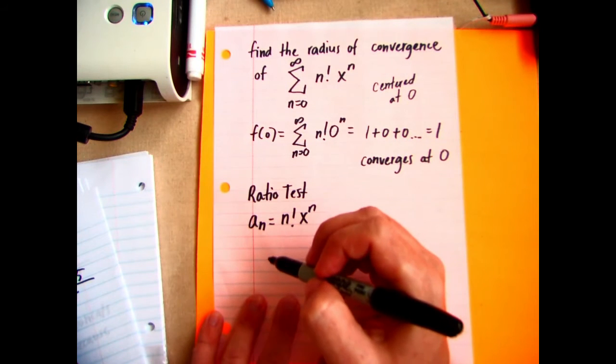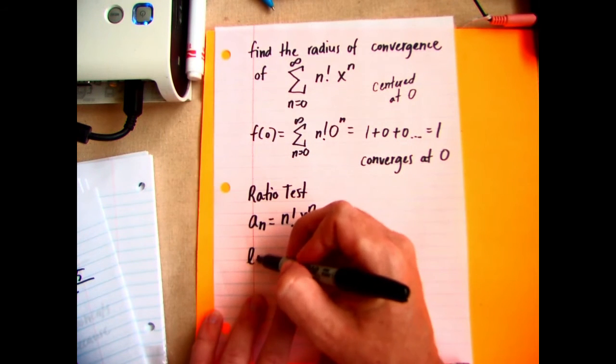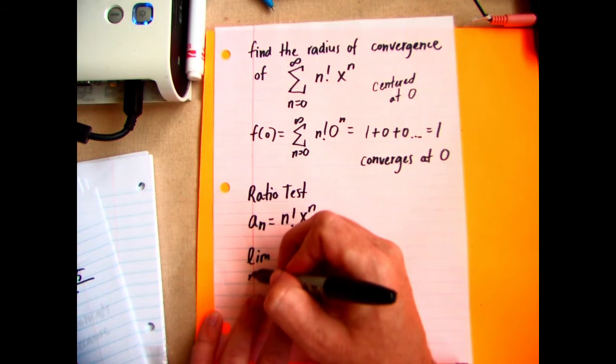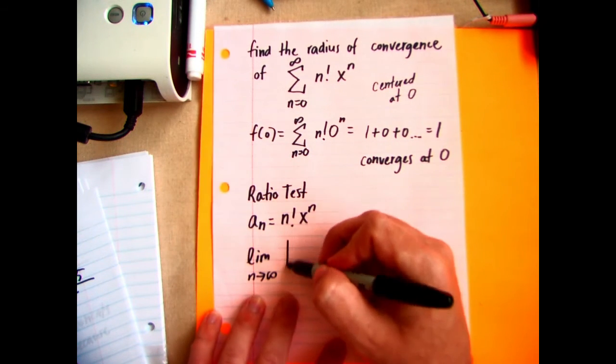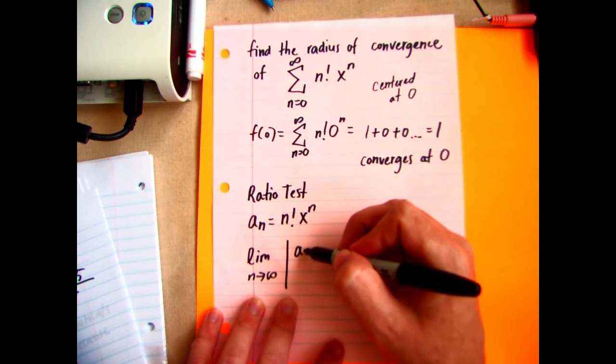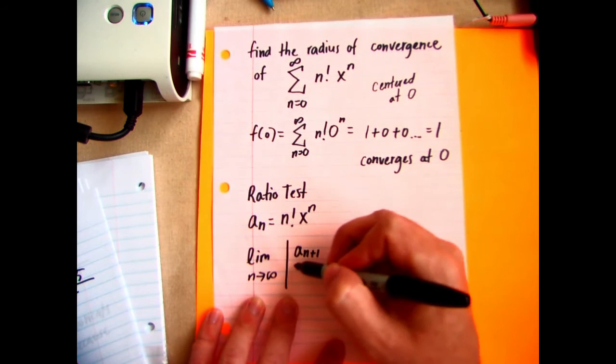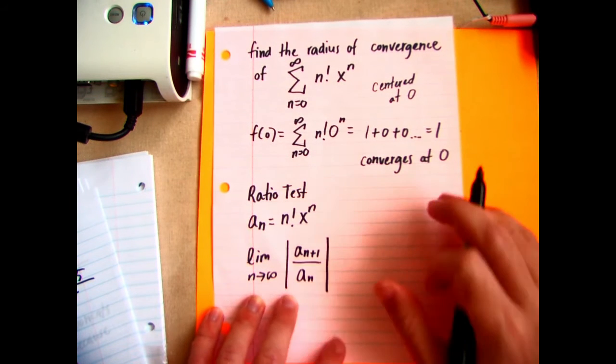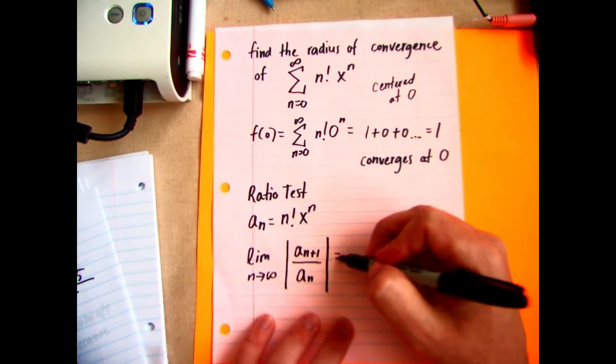Well, each term in my series is n factorial times x to the n. And how we did the ratio test was, it was the limit as n approaches infinity of the absolute value of a sub n plus 1 over a sub n.